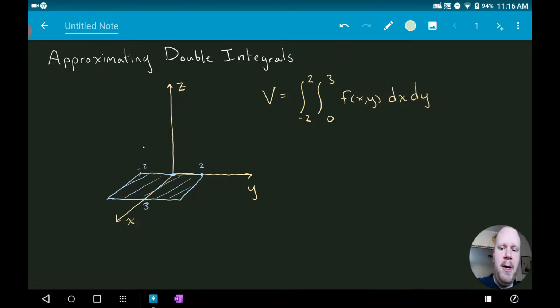So I'll go ahead and just draw some generic surface. I didn't tell you what this is. Maybe it's something like x squared times y squared, or sine of x times sine of y. But I'm just going to draw some kind of generic function for now.